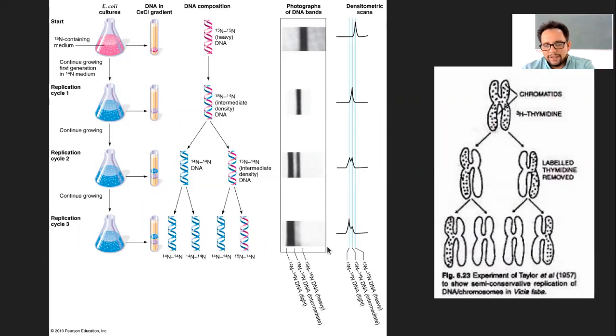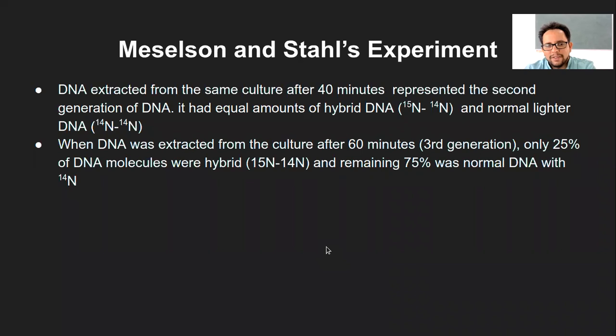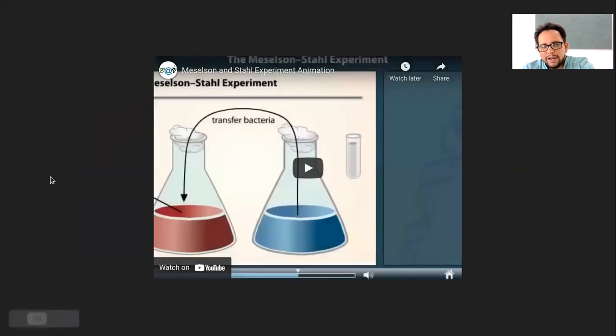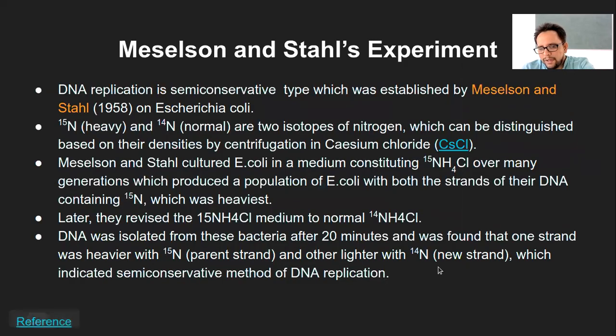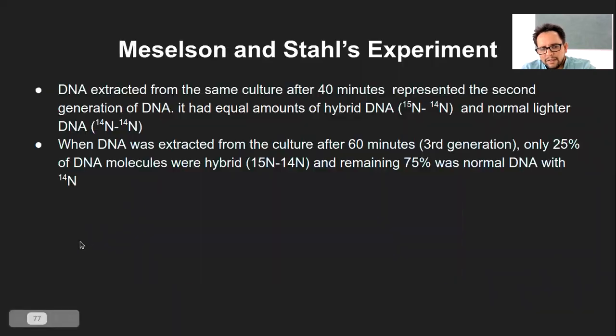Okay, so I guess enough of discussion about this. So I guess you understood the whole of the experiment. So similarly, what they had done is at 20 minutes they have taken one sample, then at 40 minutes they have taken another sample, and at 60 minutes they have taken another sample, which is the third generation.